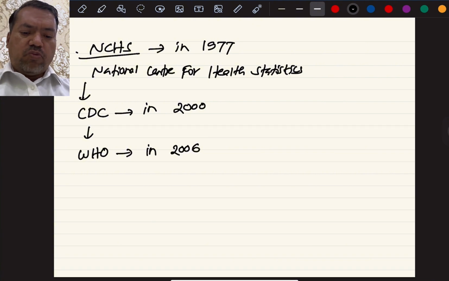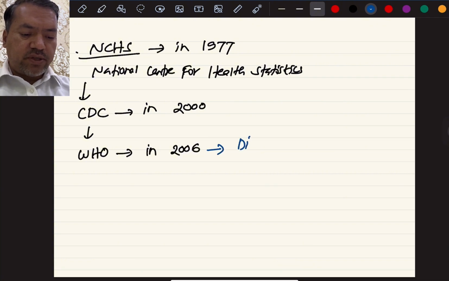Okay, now both those NCHS and CDC, they were developed in the American children, whereas this WHO chart is basically developed in many different countries.